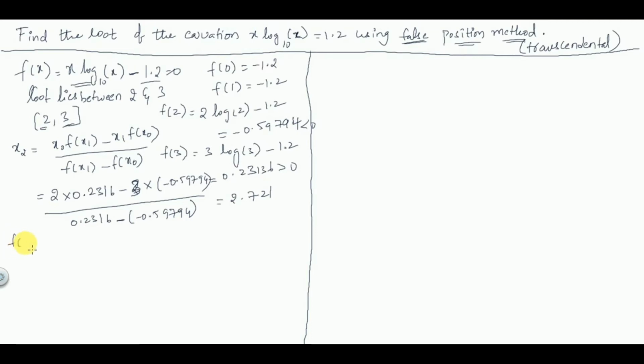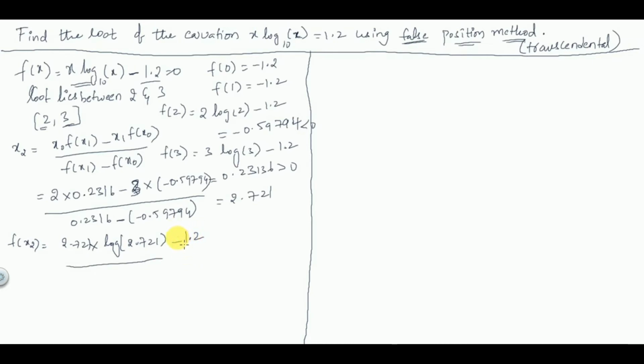If you solve this, you'll get around 2.721. So f of x2 is 2.721 into log of 2.721 minus 1.2, the logarithm of this multiplied by 2.721 and then subtracted by 1.2.